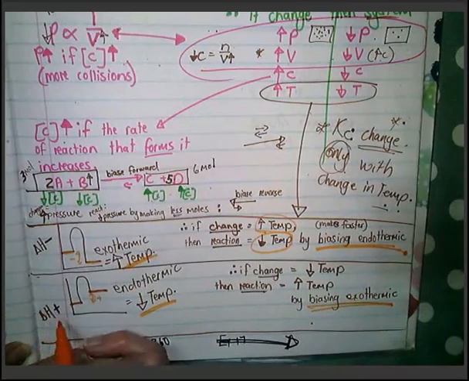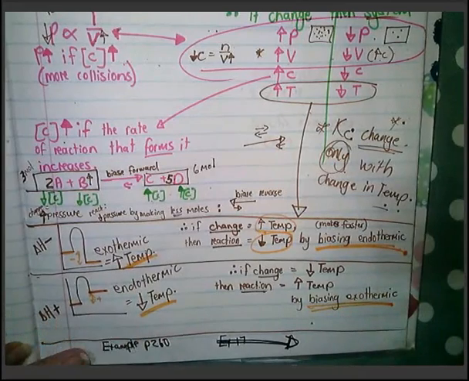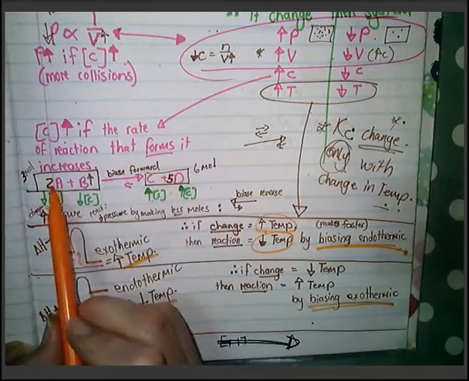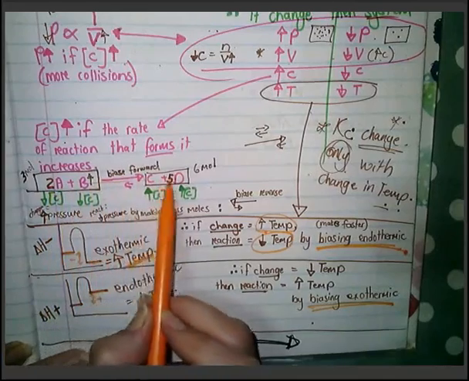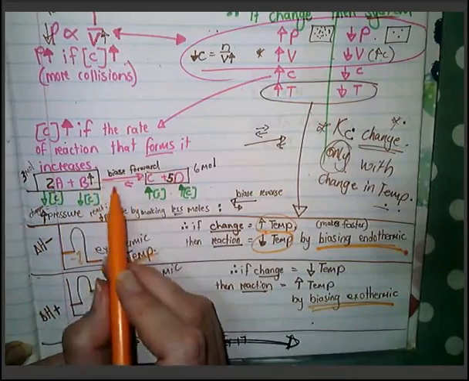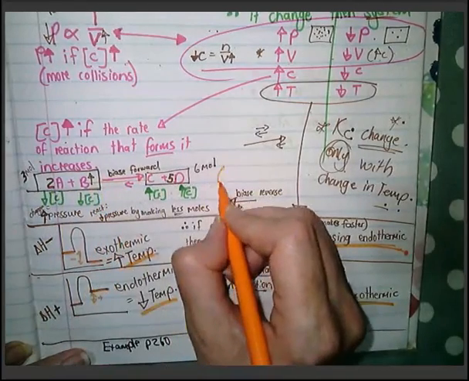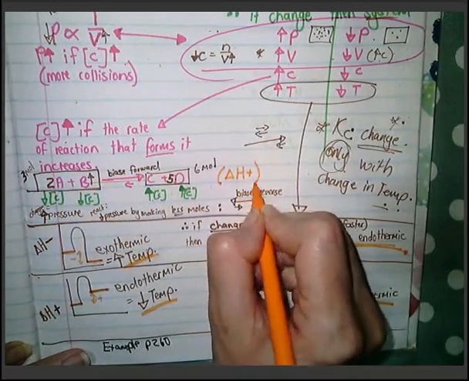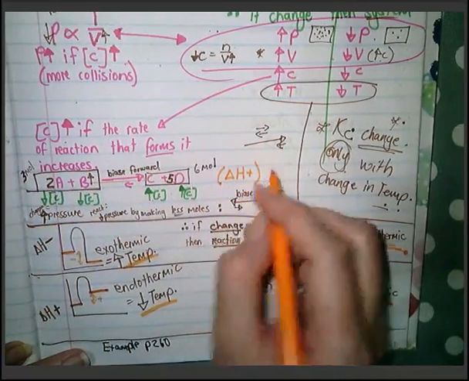So it will be indicated which reaction is endo- or exothermic. They will give you a reaction like this, just with the equilibrium sign, and then in brackets, they will write delta H is positive or delta H is negative.